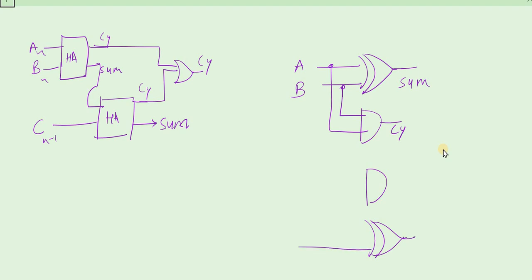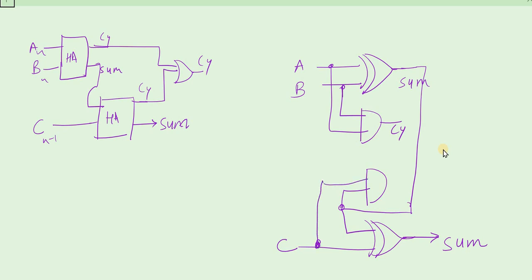This XOR gate will have another input C, and this sum will be used as another input for this. So this circuit will generate the ultimate sum. The same two inputs are given to the AND gate of the second half adder. This will generate one carry. This is generating another carry. These two carries are combined to form the carry of the full adder. So this is another way of designing full adder using two half adders.